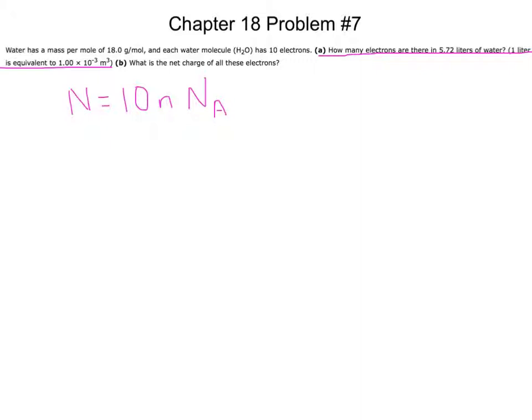So now we just break it down even more. You're trying to find N. So 10 times lowercase n would equal M over 18 grams per mole.